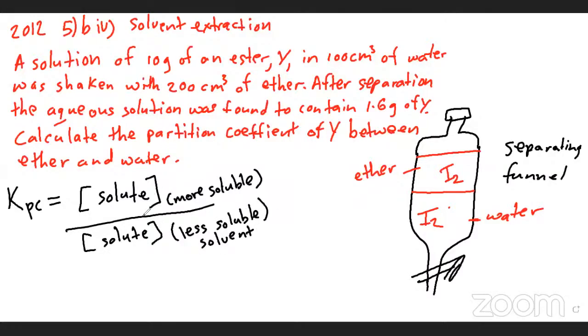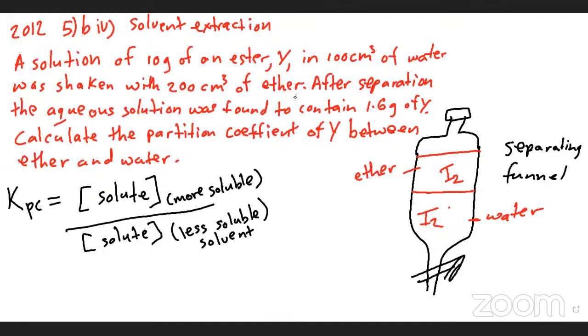So when you get the question, you will get two solvents. The one that the solute is more soluble in goes at the top, and the other one goes below it.